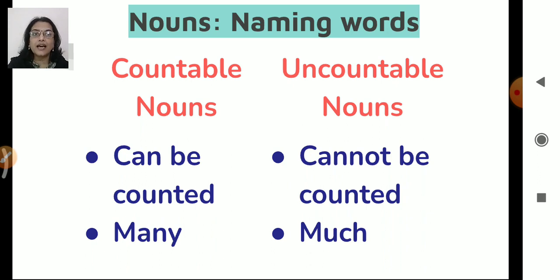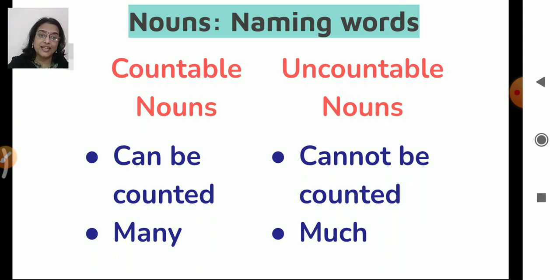And uncountable means they cannot be counted. Countable nouns we can count, like books, pen, pencil. And uncountable means we cannot count them. We need some measuring unit to count them, like juice, rice, sugar.